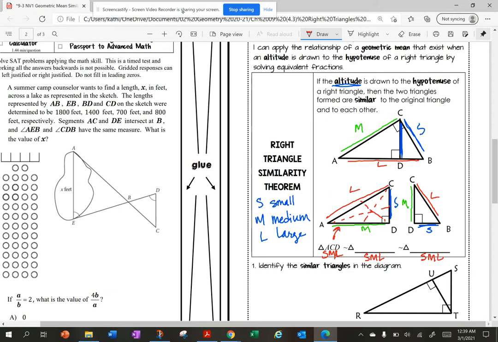Okay, so for my small triangle, small is C, medium is B, and large is D. And in my largest triangle, my smallest side is A, my medium side is B, and my largest side is C. Okay.